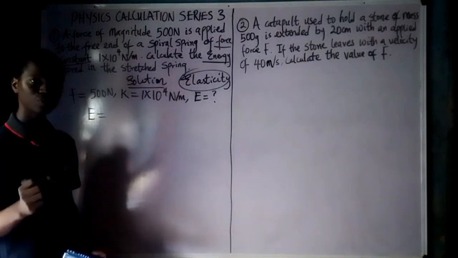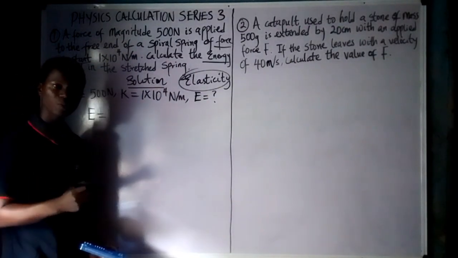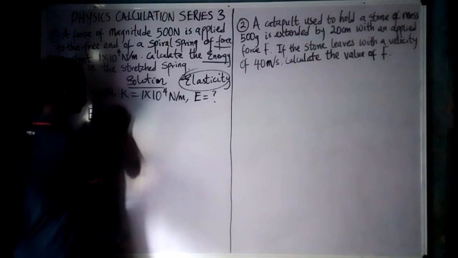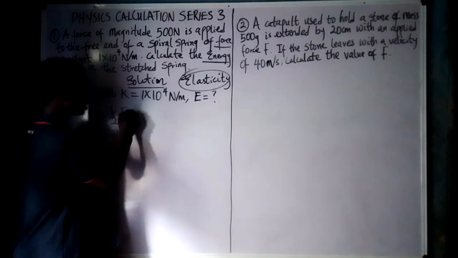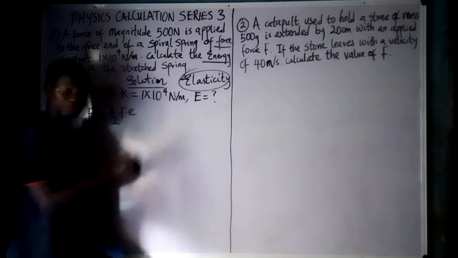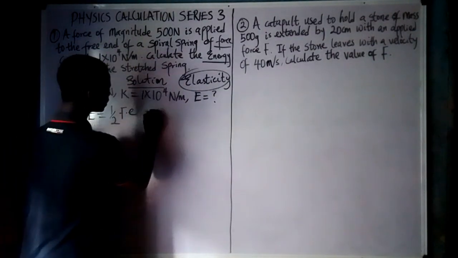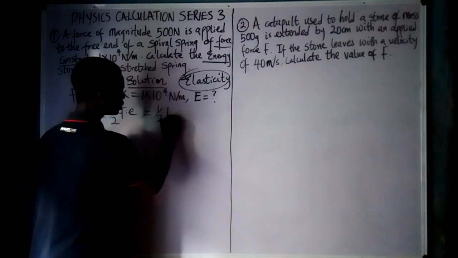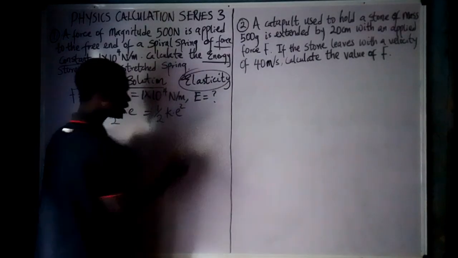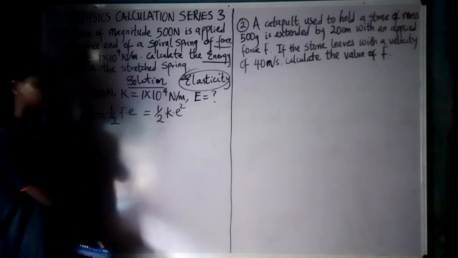But I won't keep you in ignorance. There are many formulas for energy stored, one of which is 1 over 2 F times E. This is one formula for finding energy stored. Then we can also say it's equals to 1 over 2 K E squared. This is another formula for finding energy stored.